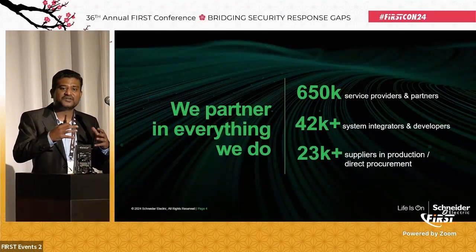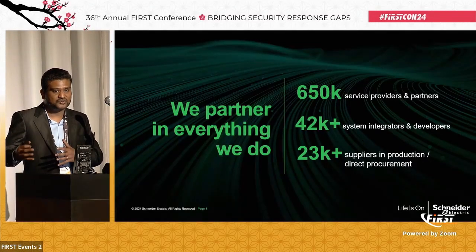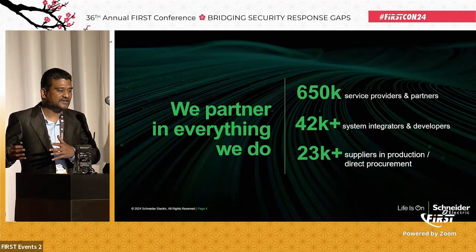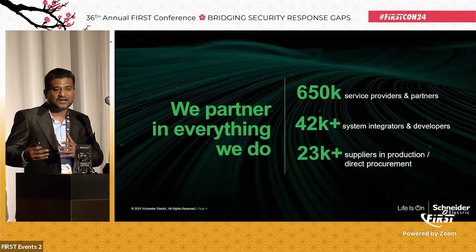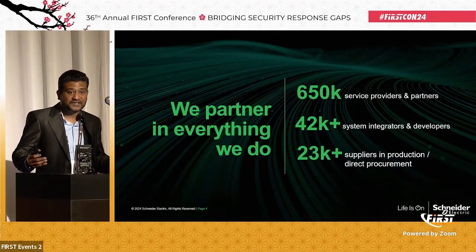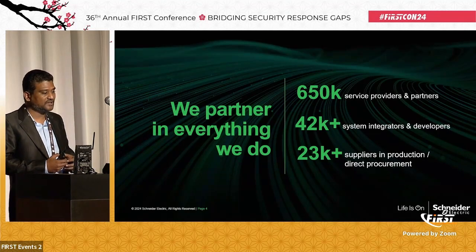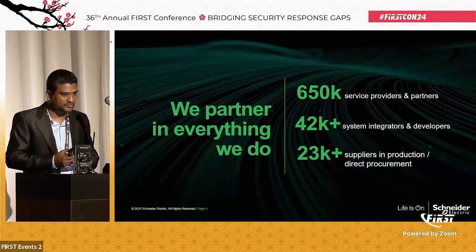So as I said, we are a technology company. We have our products and solutions, and they need to go to our customer location. And the system integrators and developers are the ones who help us in reaching our technology to the customers. And we have 23,000 plus suppliers, either directly for the production or for the indirect procurement.